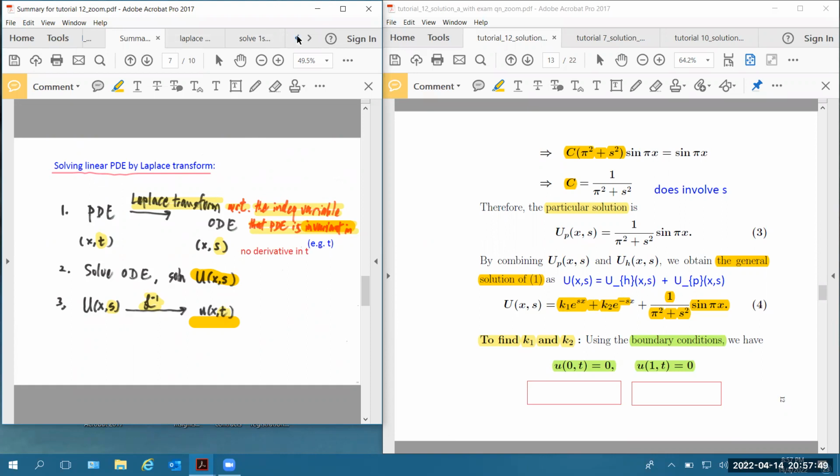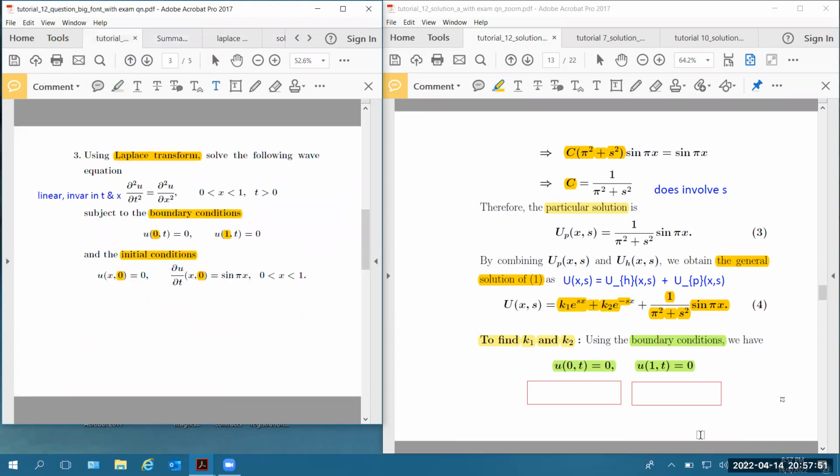So now we go and find K1 and K2. Of course, you need some kind of conditions to find them, so we check our question here. We realize that we used the initial conditions just now, but we still have two boundary conditions which we haven't used. So now is the time to use them.